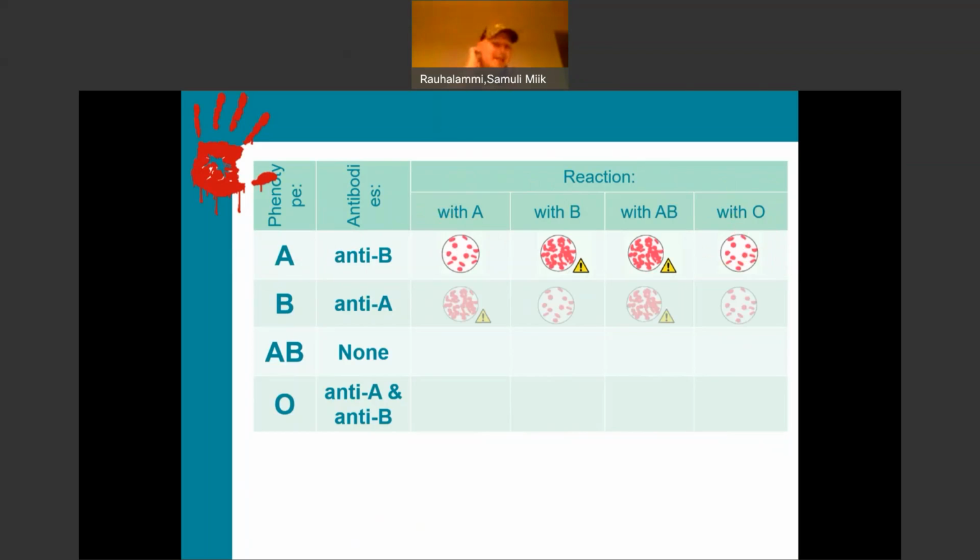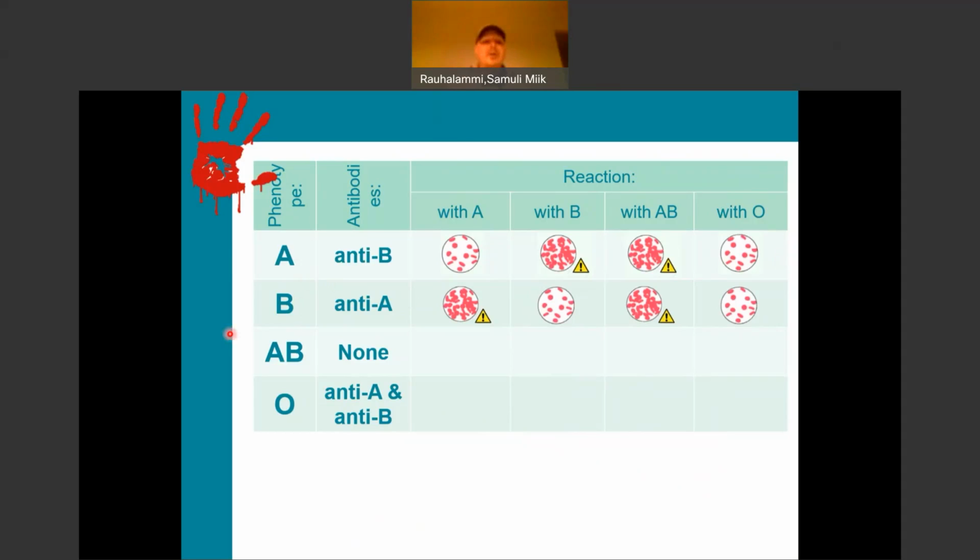Let's look at the next blood type. This blood type B carries on the surface of its red blood cells B antigens. Its plasma is going to carry antibodies for anti-A. So screen anything that has an antigen A on its surface as foreign and a potential threat, and we have to deal with it.